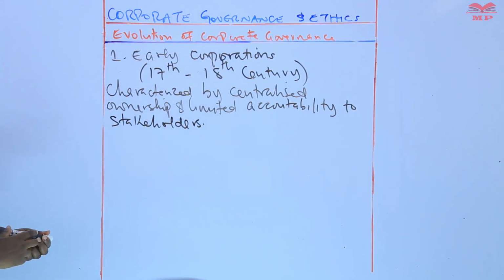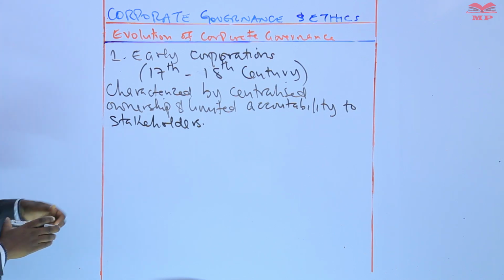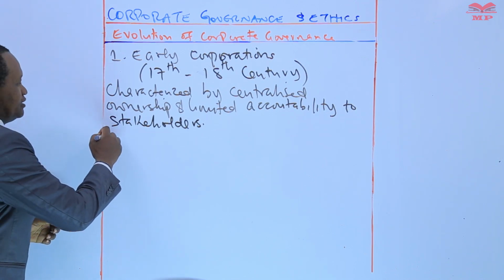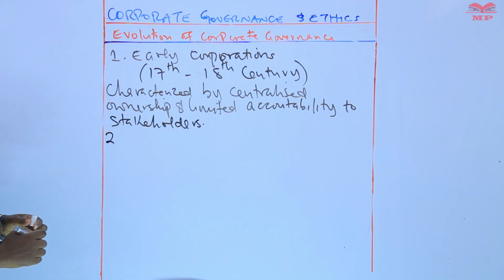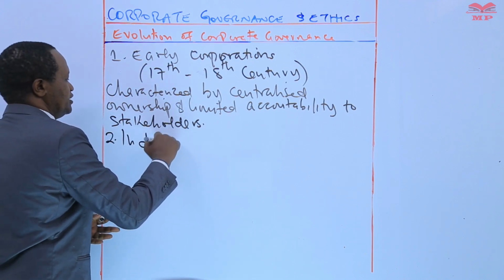So that is a key milestone, early corporations. Then we evolved to the Industrial Revolution in the 19th century.